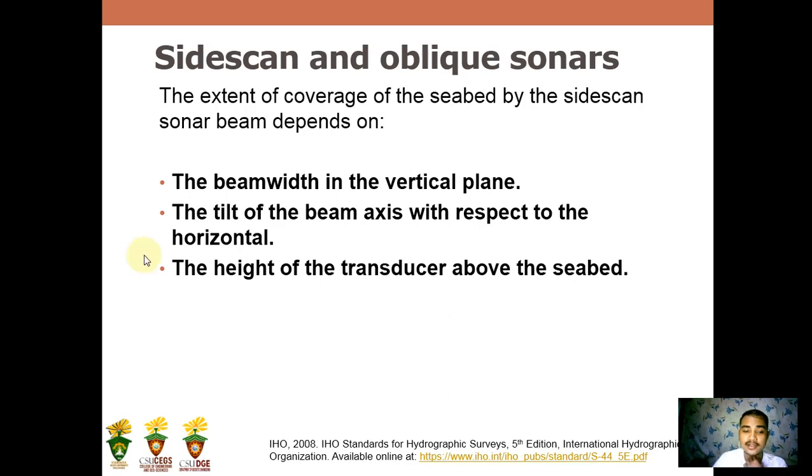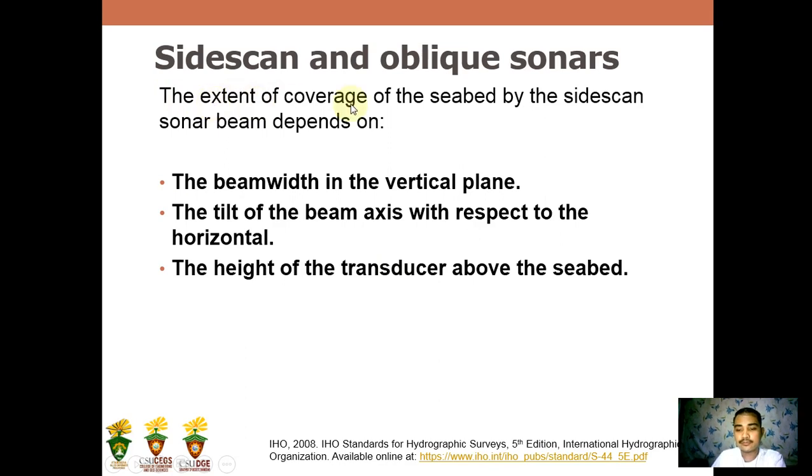So same ra gyapon ani, the height of the transducer above the seabed. So kung mas lawom, murag nakalublob jud siya kaayo, then naay mga irregularities sa seabed or sa riverbed, naa siya discrepancy or effect sa extent sa coverage.